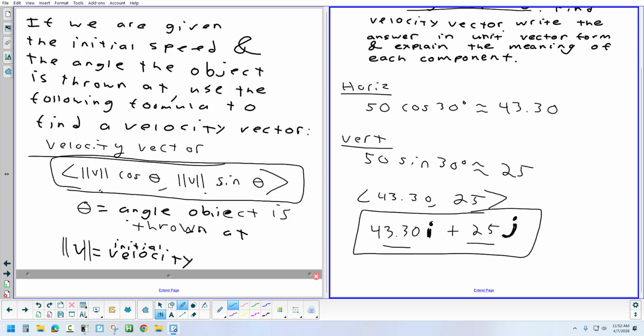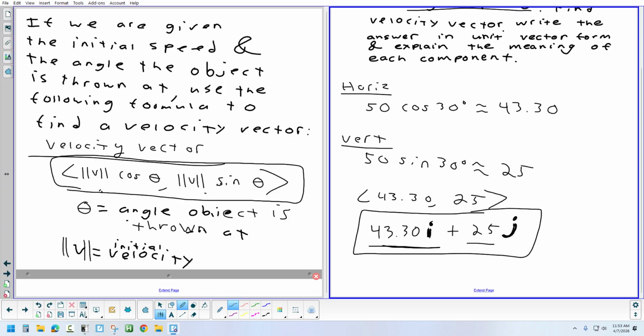So in other words, if somebody were to throw an object at 50 miles per hour towards you at an angle of 30 degrees, you were standing right in front of it, and you had a radar gun, and you pointed it at the ball coming at you, it wouldn't say the ball is coming at you at 50 miles an hour, because it's not. It's coming at you at an angle. The speed that it would come at you horizontally is 43.3 miles per hour. So that is the horizontal speed of the object.